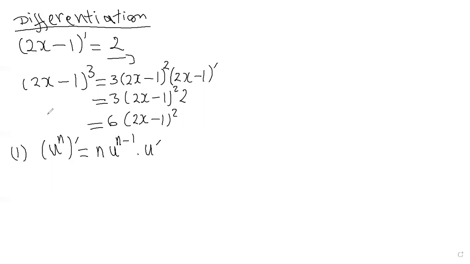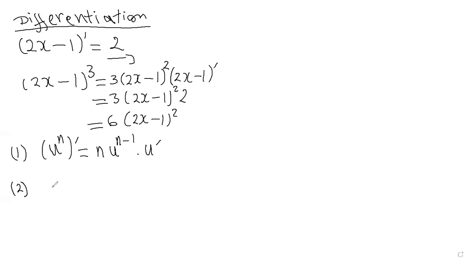So the bracket here we call u, and the exponent we call n. You just bring n down, u to the exponent n minus 1, and multiply by u derived.